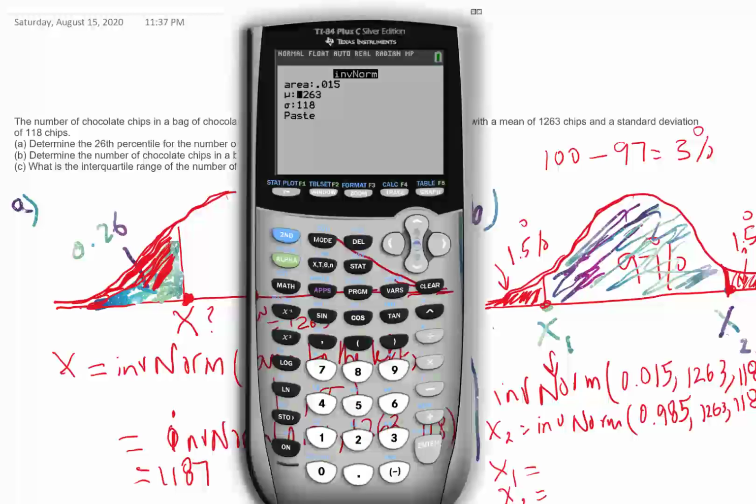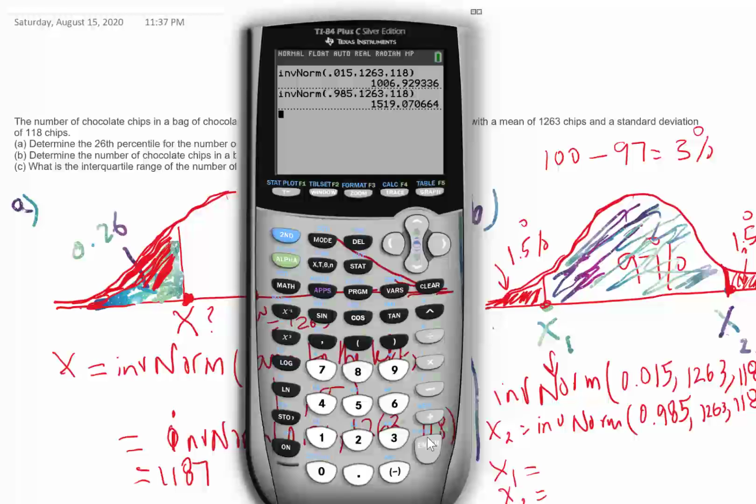Okay guys, you can see I went to inverse norm, area is 0.015, mean 1263, and sigma, enter, and here you go, 1006.9. Let's do the second one. Inverse norm, it's going to be 0.985, and then paste, and you get the answers.